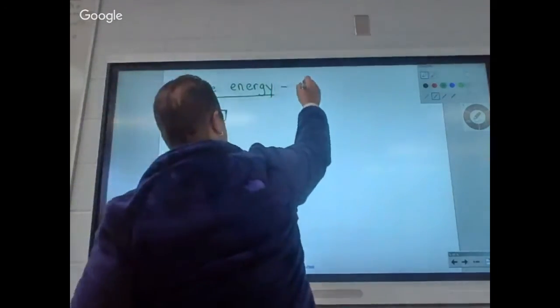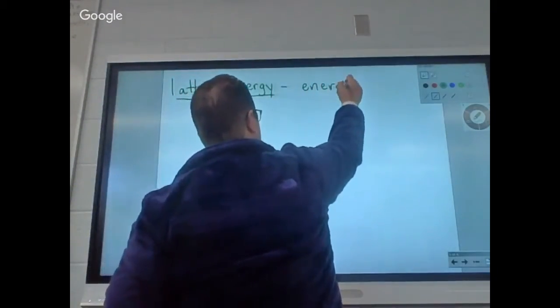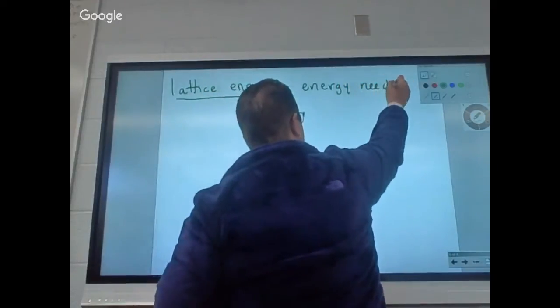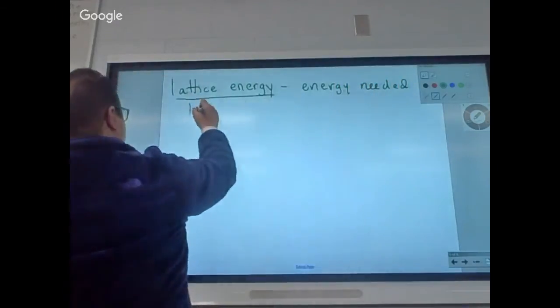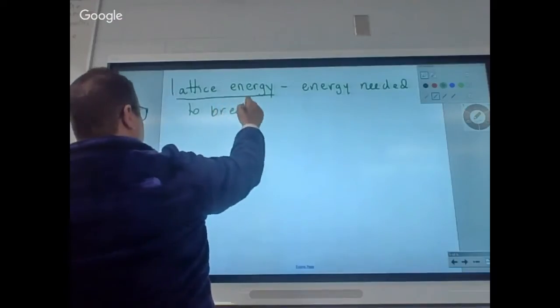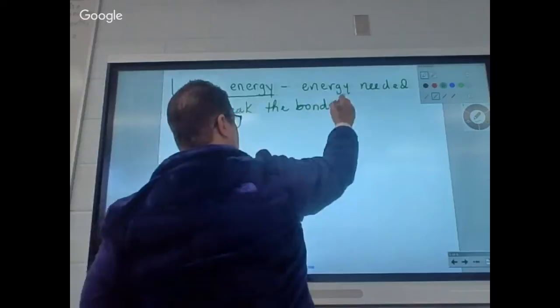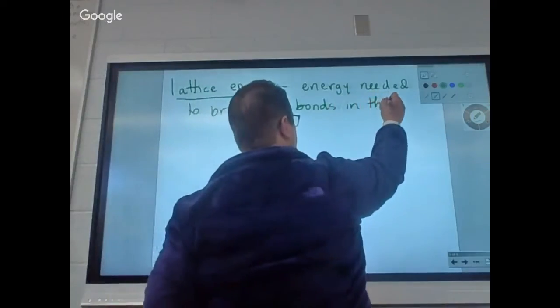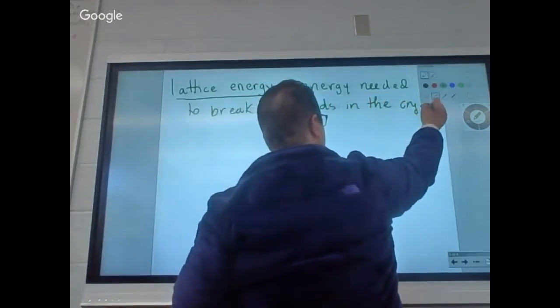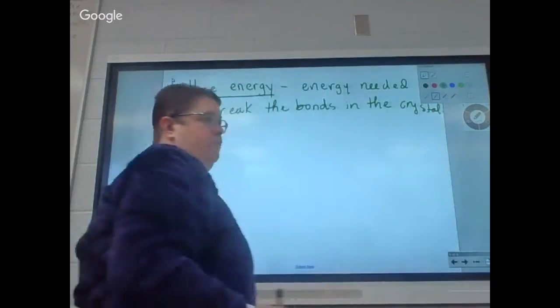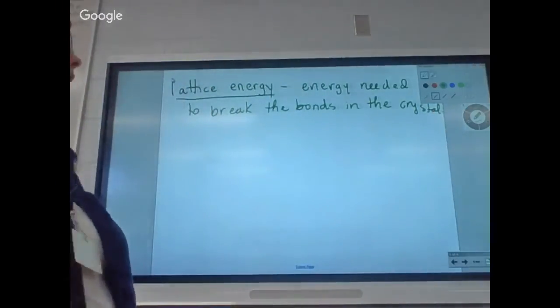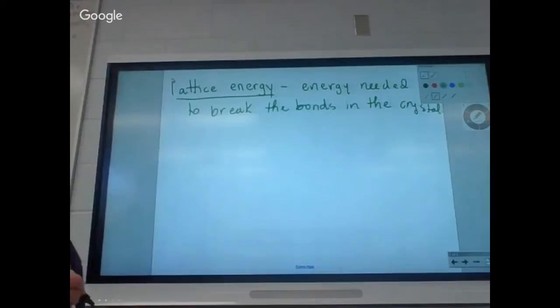This is the energy needed to break the bonds in the crystal. Okay? It's the energy needed to break the bonds in the crystal.